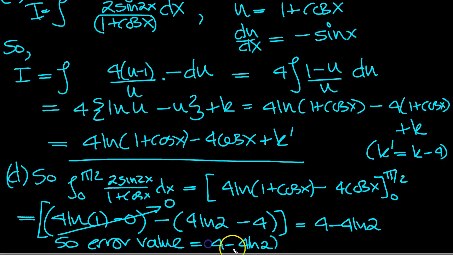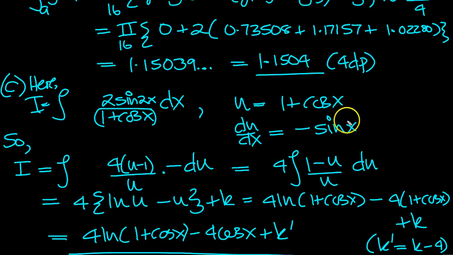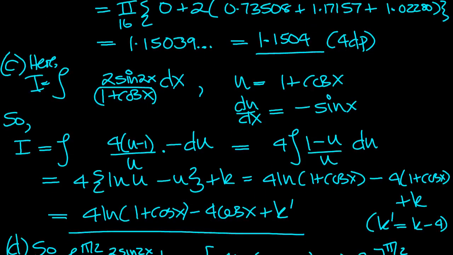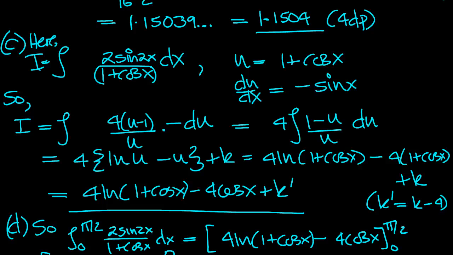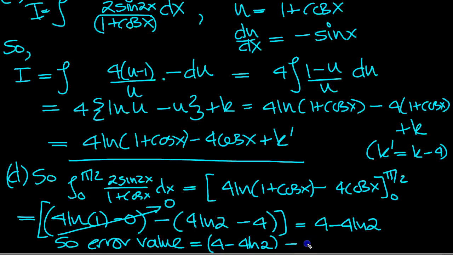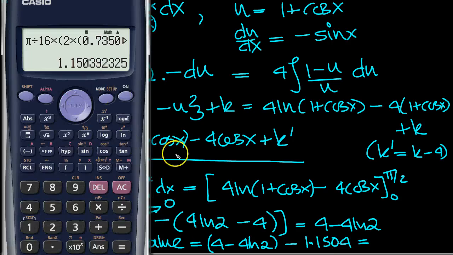That value. Take away the estimated value, which will be the smaller value, won't it, using the trapezium rule. 1.15039, or 1.1504. Let's write that down. And tap it in the calculator. So we've already got that number here, thankfully, the exact number.